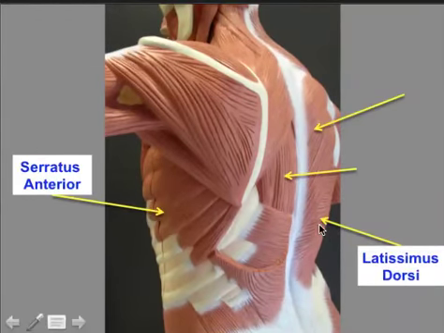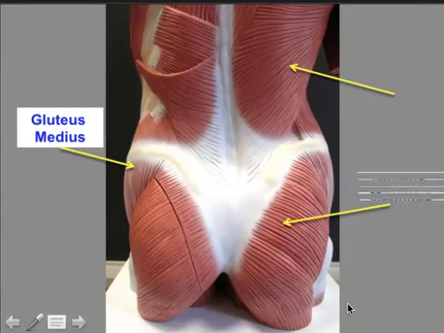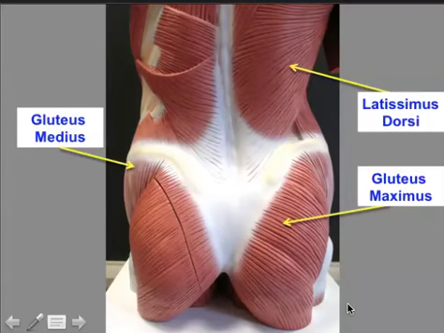Here we're looking at the lumbar and gluteal region, and here you can see the gluteus medius, the gluteus maximus, and the latissimus dorsi. What do the medius and the maximus do? They help with basically extending the leg.